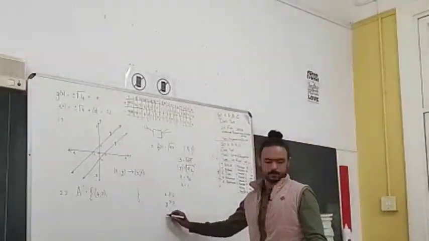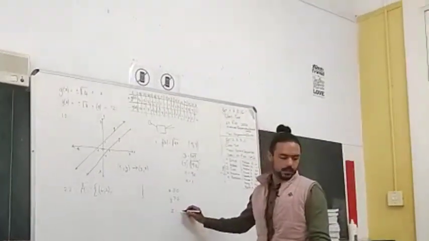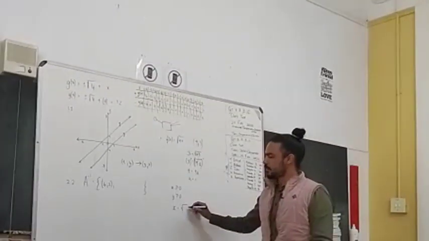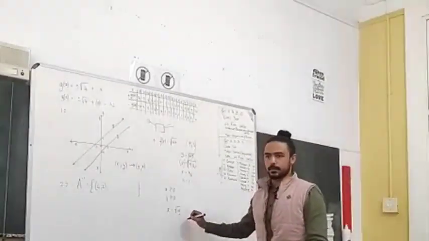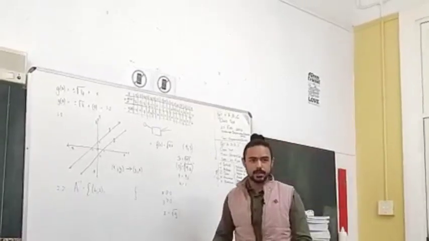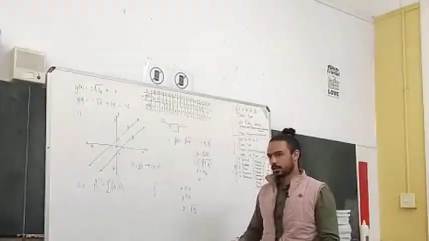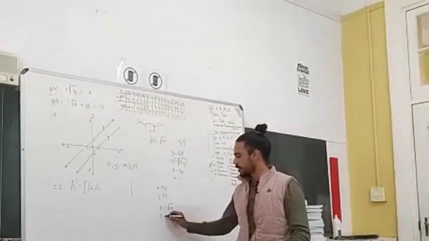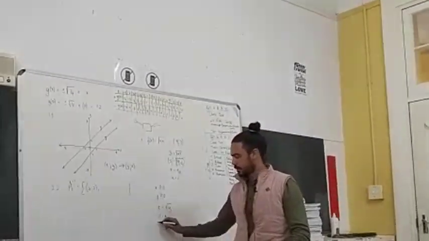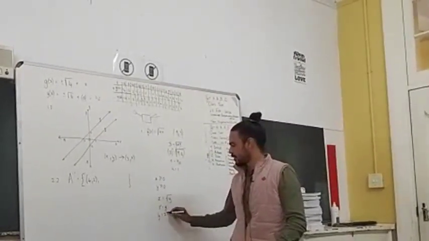So x then becomes the square root of y. But now I want to make y the subject, so what do I do? I square on both sides, so that becomes x squared is equal to y. Now I just write it off, therefore y is equal to x squared.